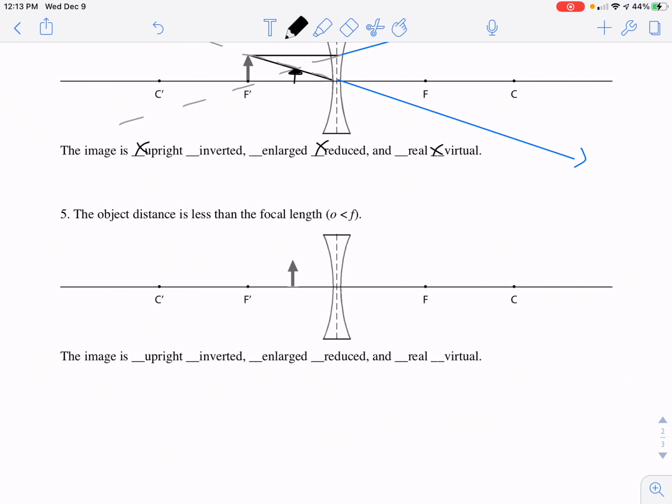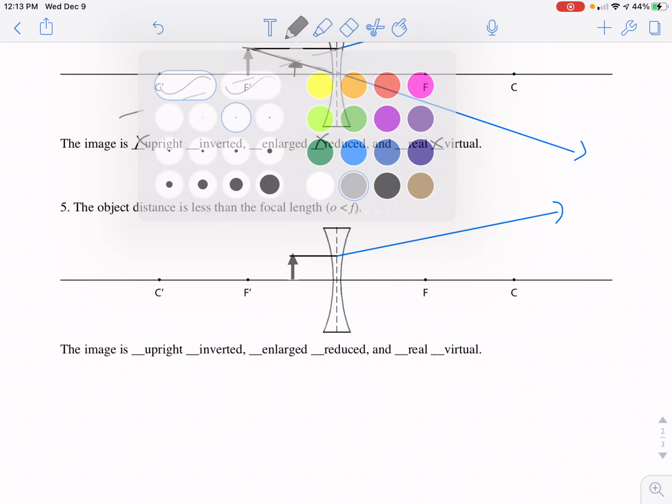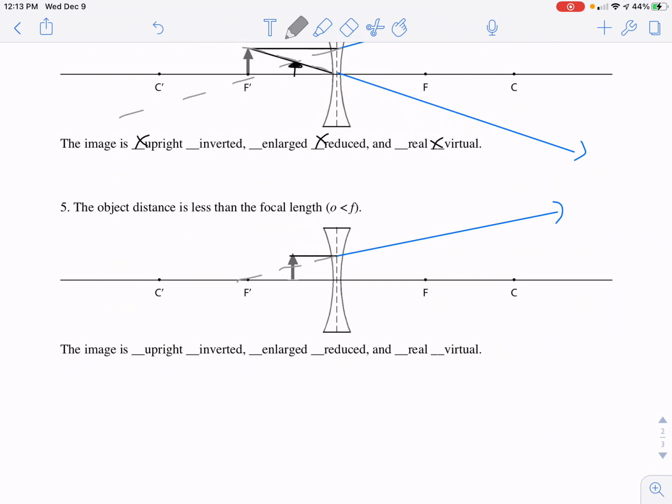Now, in the last one, we're going to move the object halfway between the lens and the focal length. Go parallel to the principal axis. Refract upward at an angle that allows the back ray to go backwards through the near side focal point.